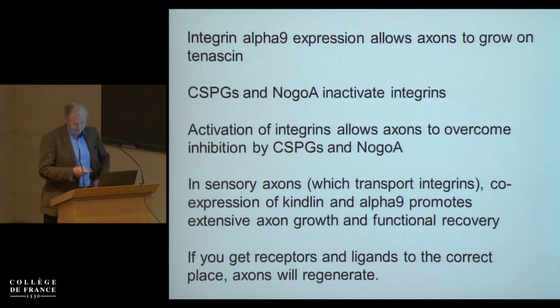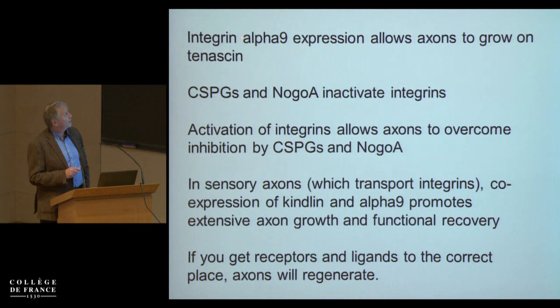So here's a summary of where we think this has got us to. First of all, alpha-9 integrin expression allows axons to grow on a surface of tenascin in vitro. But in vivo we have a problem, which is that proteoglycans and Nogo-A both inactivate this integrin. If we activate the integrin forcefully with kindlin, it allows the axons to overcome this inhibition.